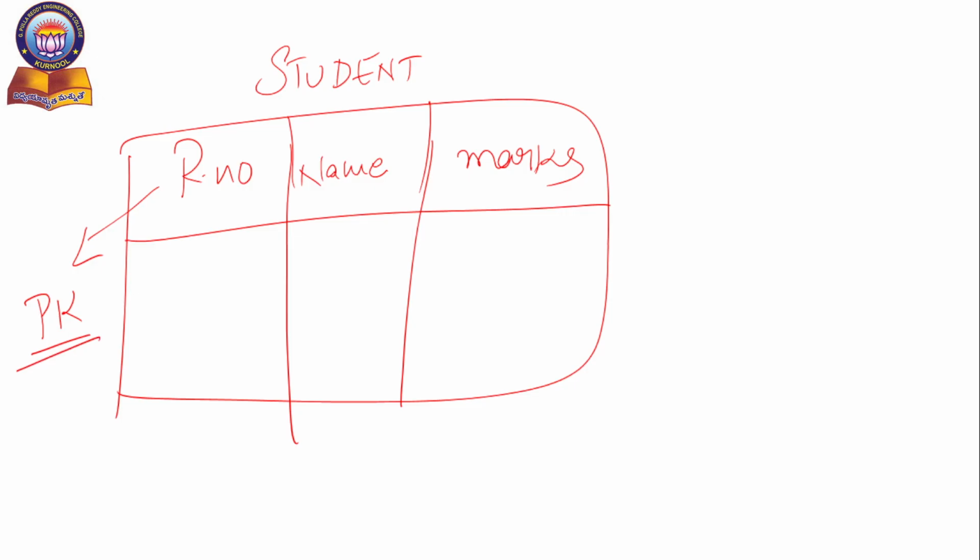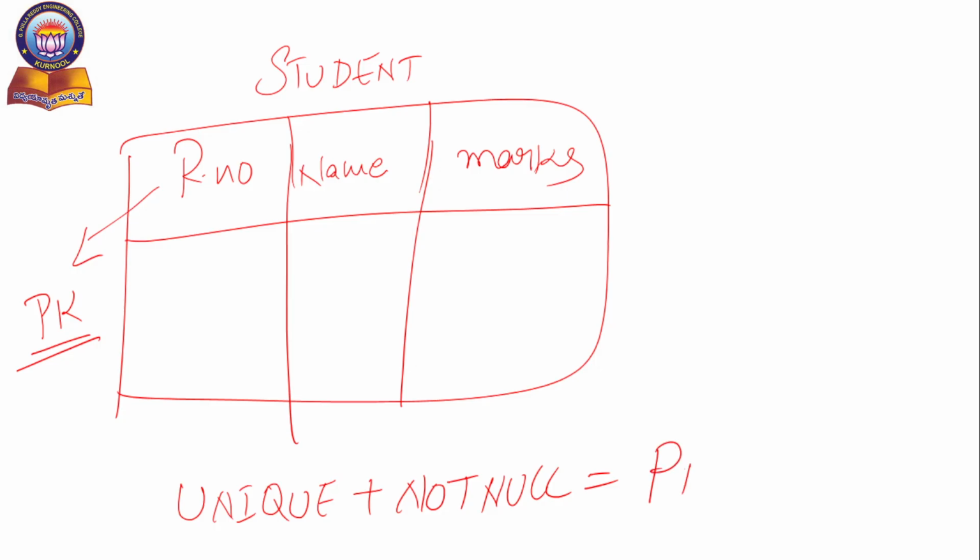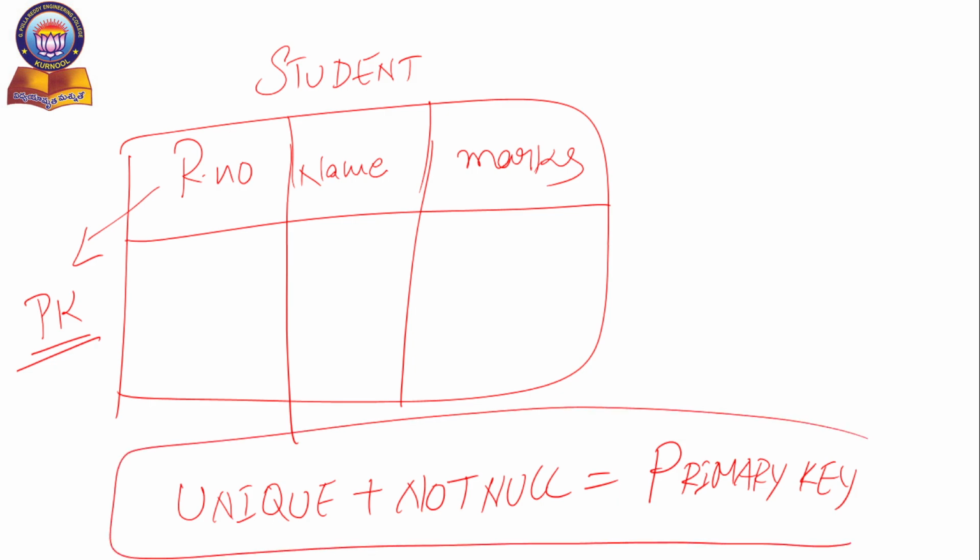So primary key must contain unique values and it cannot contain the null value. So unique plus not null equals primary key. In a single sentence, unique plus not null equal to primary key.